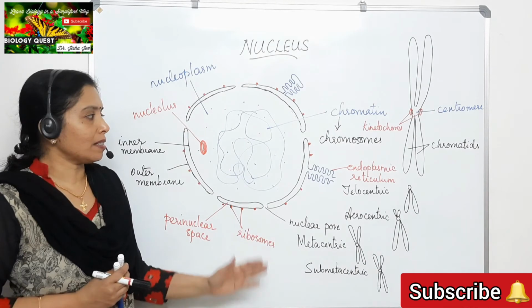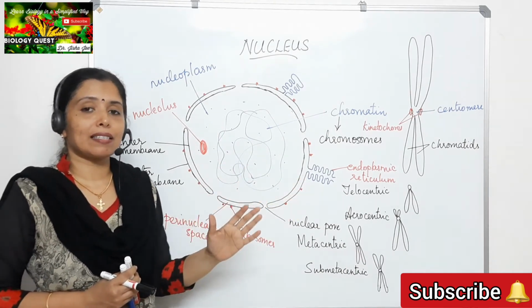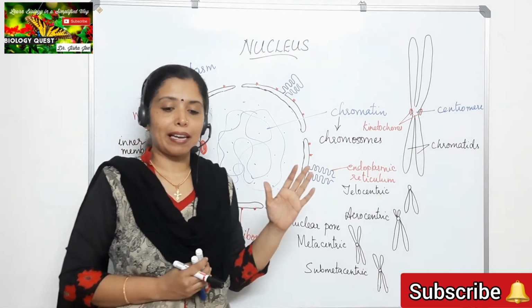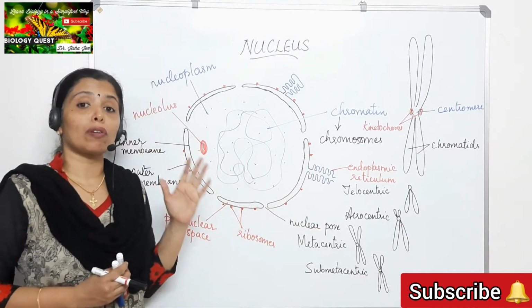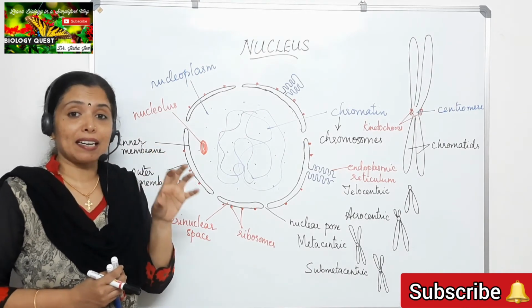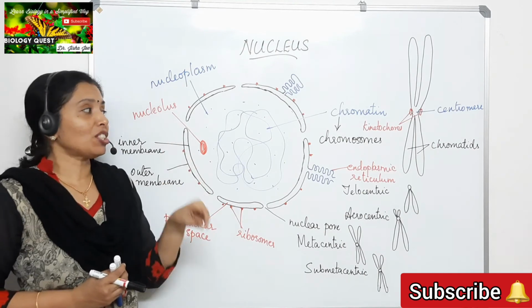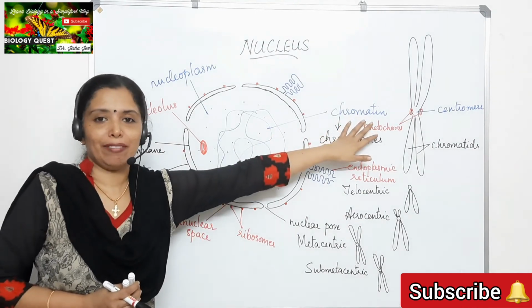So we have seen the structure of the nucleus, and we have seen why the nucleus is considered the most important cell organelle, because it controls all the activities of the cell, and the genes, which are the hereditary materials, are located on the DNA, which are present on the chromatin fibers.